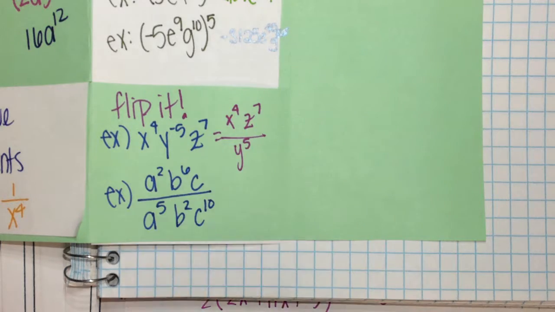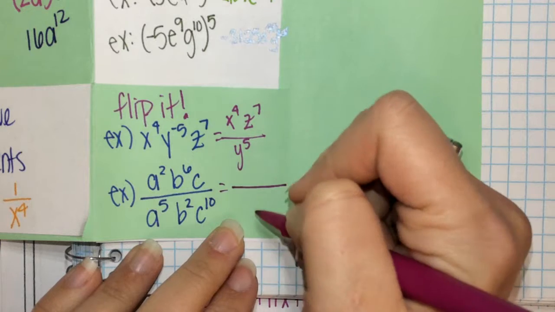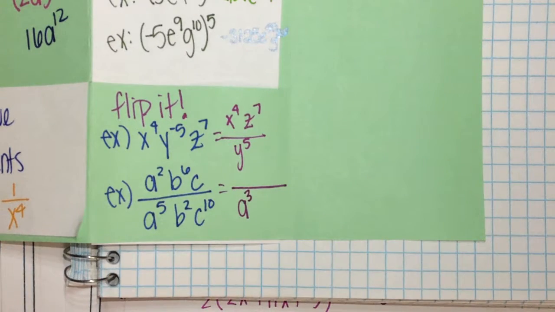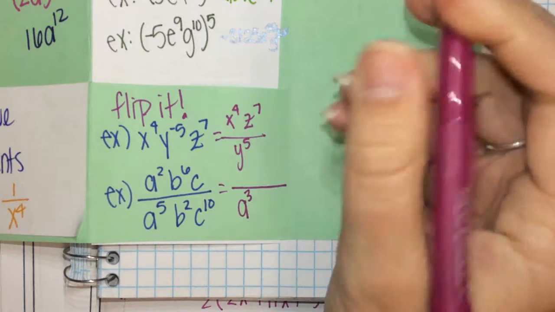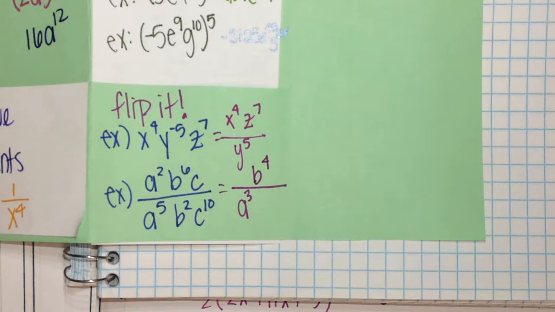You subtract. So what's 2 minus 5? So would that be on top of the fraction or bottom? The bottom, and it becomes a cubed. What's 6 minus 2? And does it go on top or bottom? And what's 1 minus 10? Top or bottom?